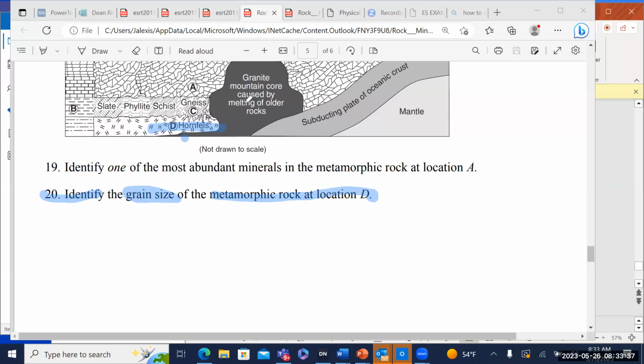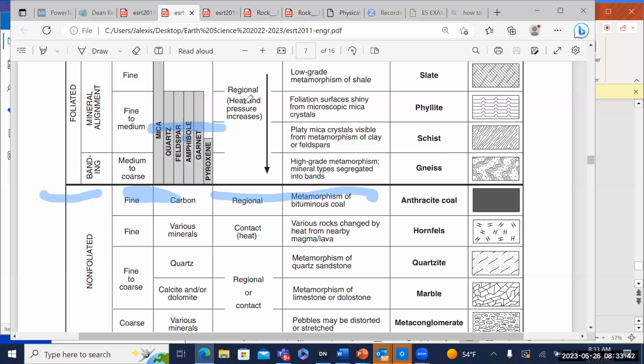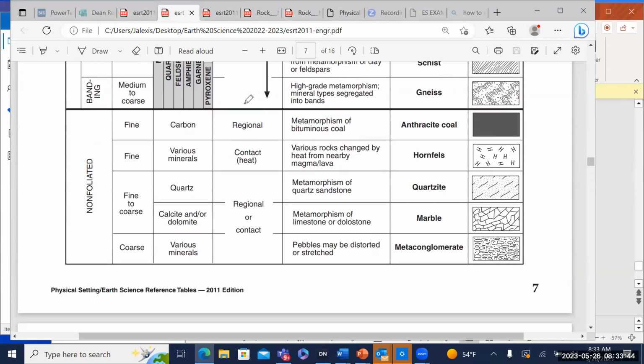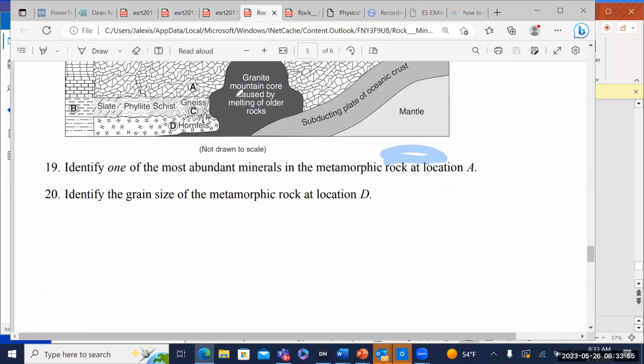I'm going to look in the metamorphic rock section on page 7. I find hornfels, and if we take a look at the question again, the question asks, what is the grain size of this rock?